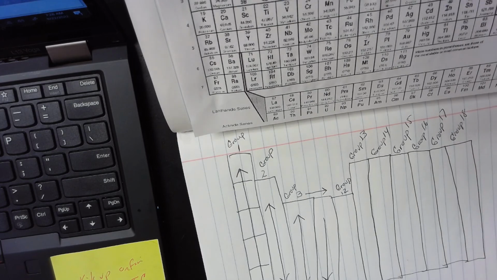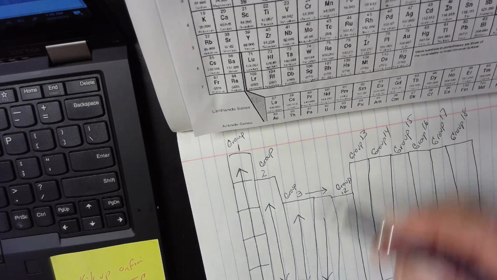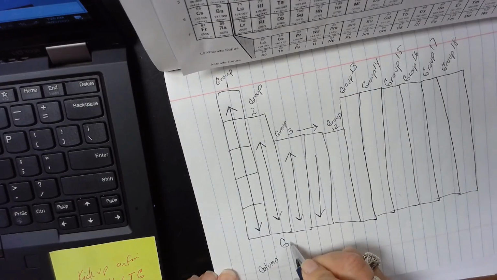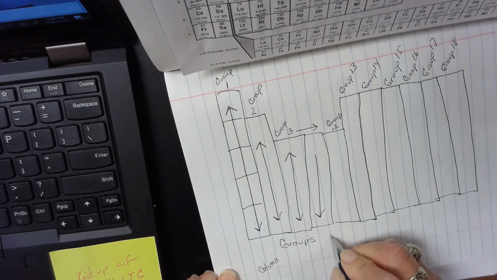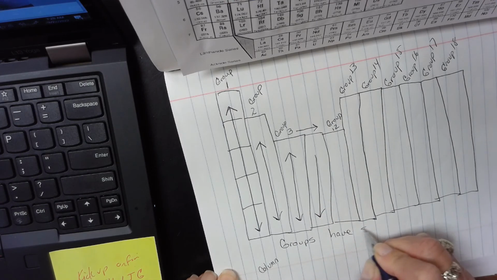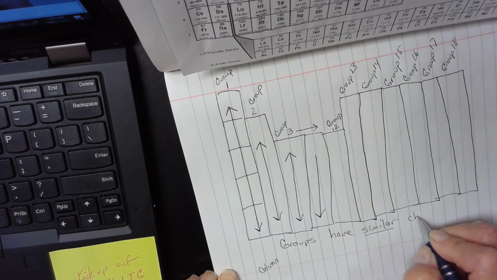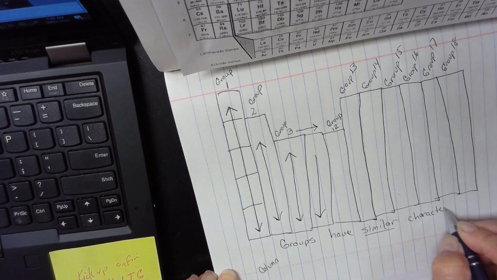Okay, so there's 18 groups. Groups go up and down. These groups have similar, and you're going to see that on a test, similar characteristics.